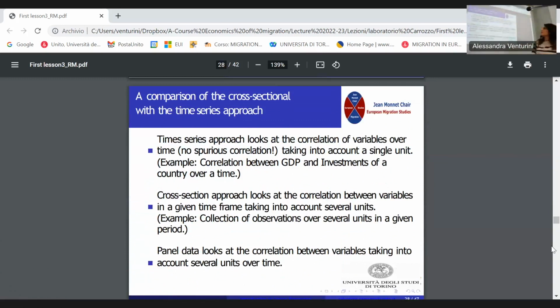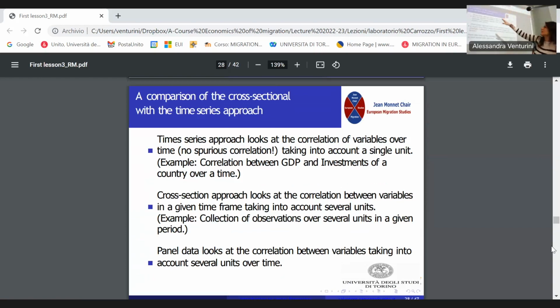An important comparison is between time series approach, cross-section approach, and panel data approach. So in the time series approach, we look at the correlation of variables over time, taking into account a single unit.